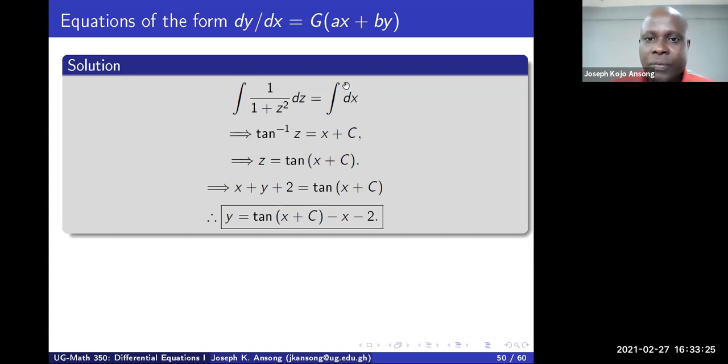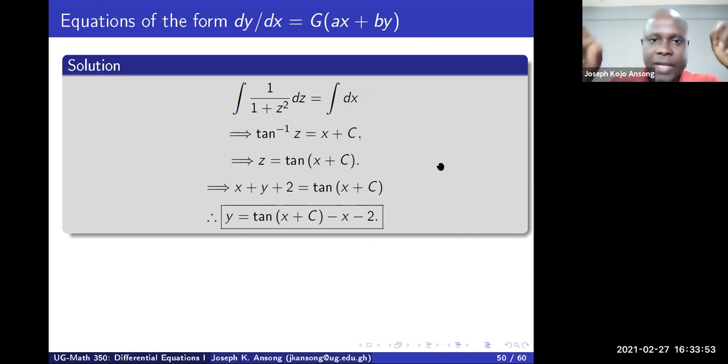Which is equal to, if you integrate the right side, x plus your constant, which means that z is equal to the tan of the right-hand side. But we know z: we said z is x plus y plus 2, and that should now be equal to this. Basically, that is the solution. In this case, we can solve for y, so y is just equal to this expression here. Great. So that is how you solve equations of that type.